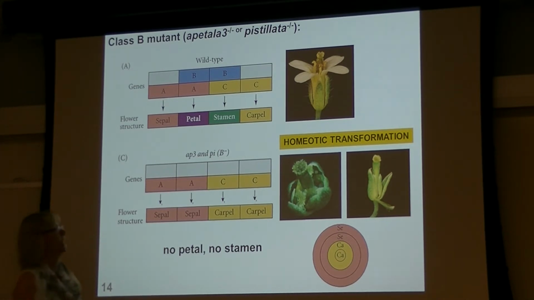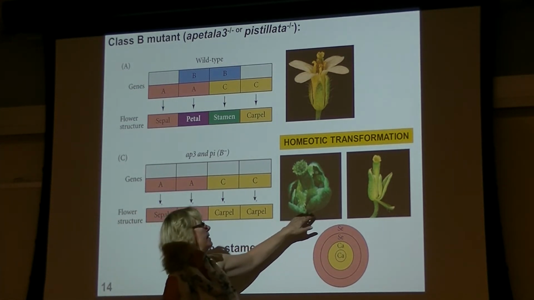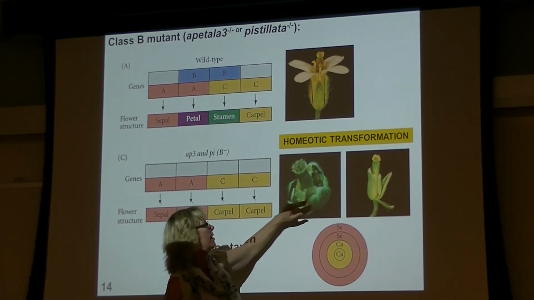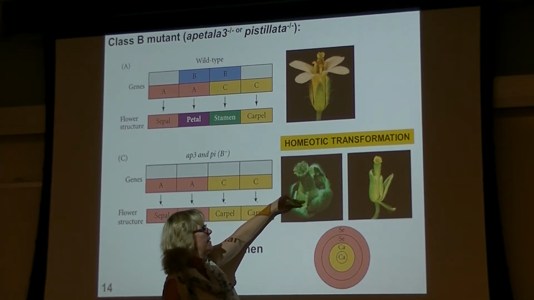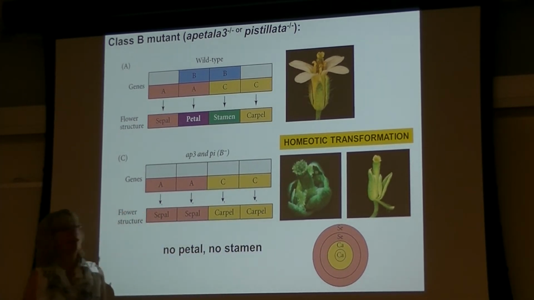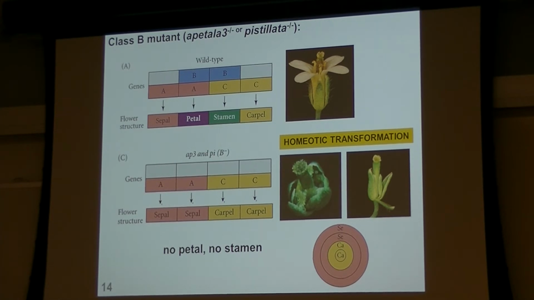And indeed, this is the case. You can see sepals here on the outside, a double layer, and then 2 layers of carpels. Here's a little bit of stigma structure. So this also is homeotic transformation, and it is entirely consistent with the ABC model.